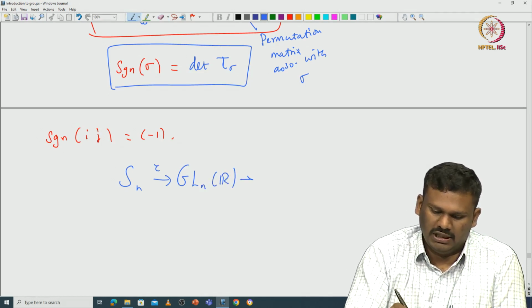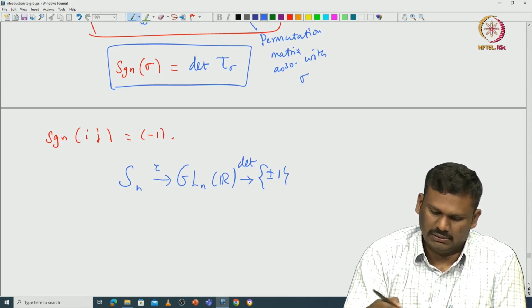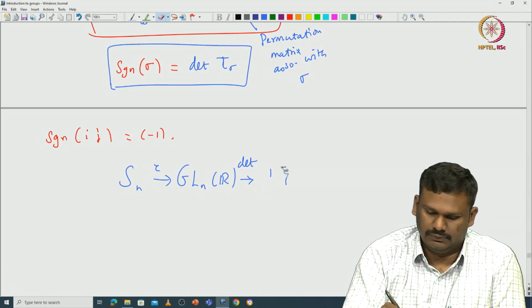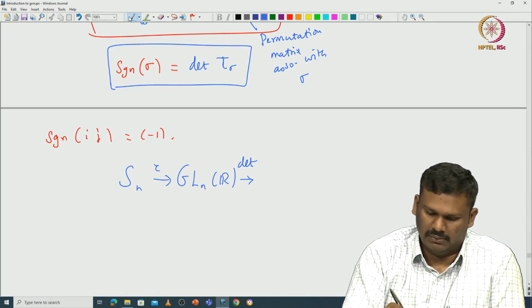Then from GL_n(R) you have the map determinant. Not exactly to plus or minus 1, because the range will be the non-zero real numbers actually.